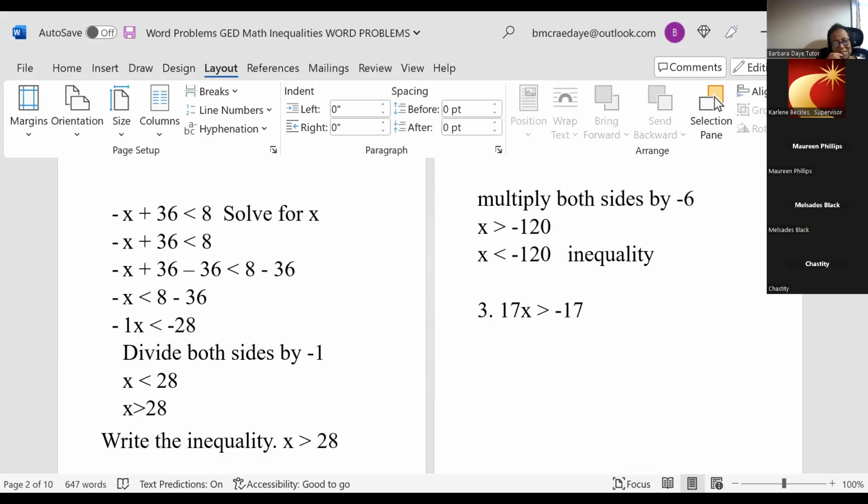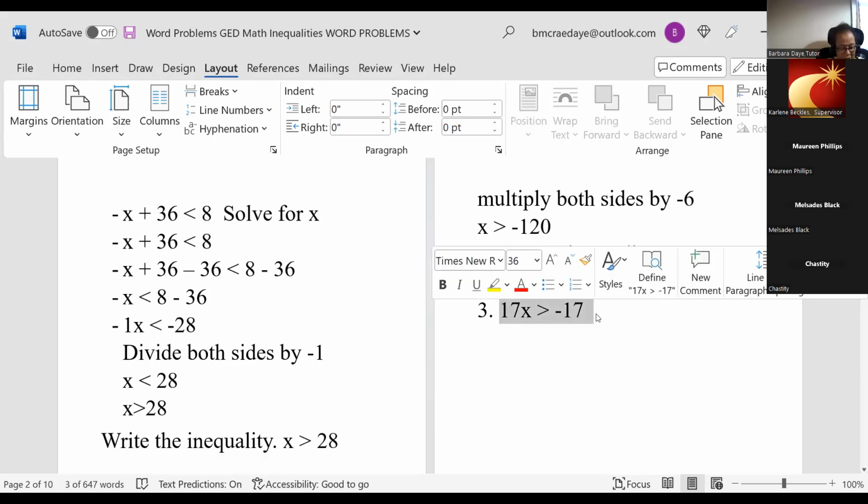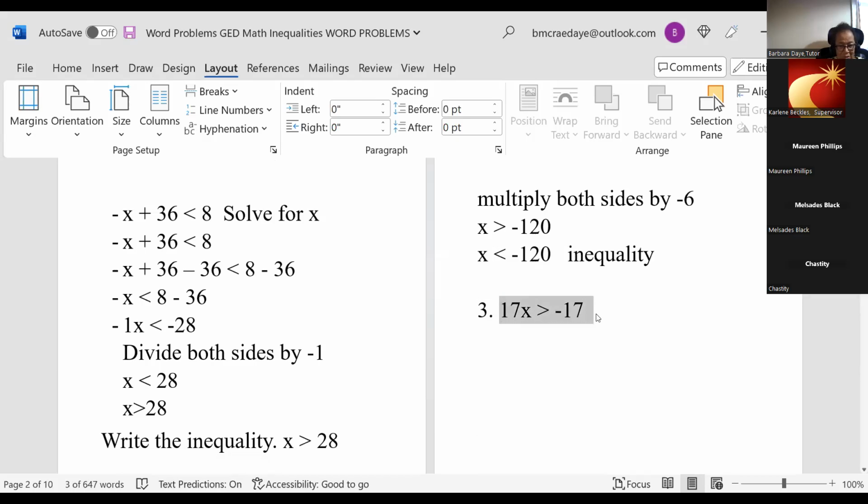Any answers? Is the answer 1, miss? Plus or minus? Minus. Okay. Divide both sides by 17. Yeah, you have to divide both sides by 17. 17 into minus 17 is minus 1, right?